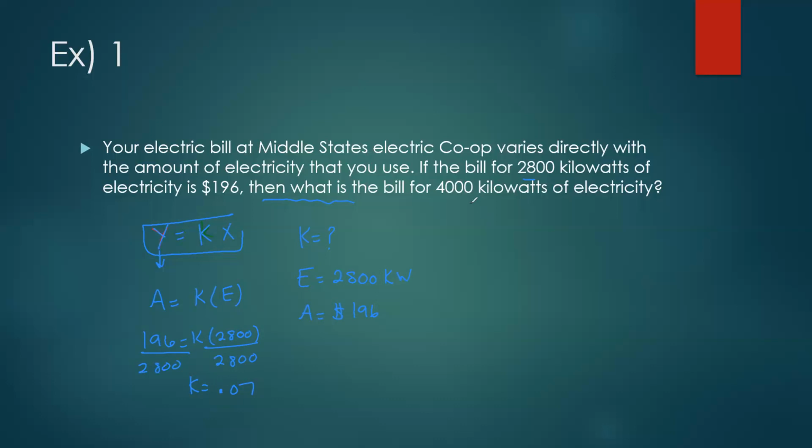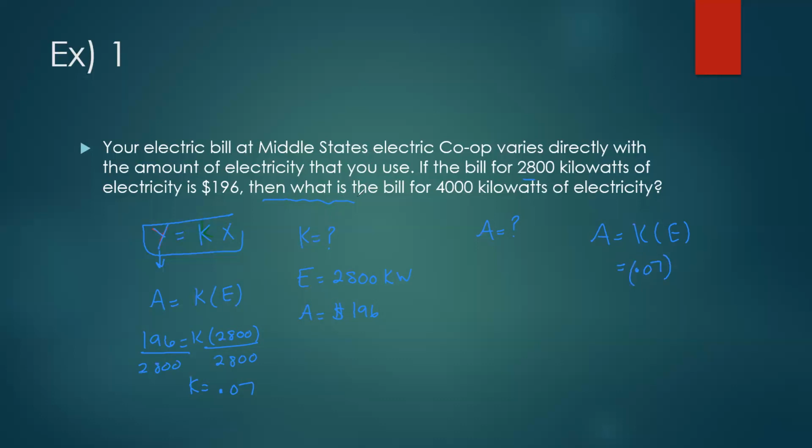Okay, so now what do we have to find? It says, what is the bill? So the bill means the amount, right? That is what we have. So we're going to use the same equation, A equals K times E. But this time, we can replace K with 0.07. And what else do they tell us?